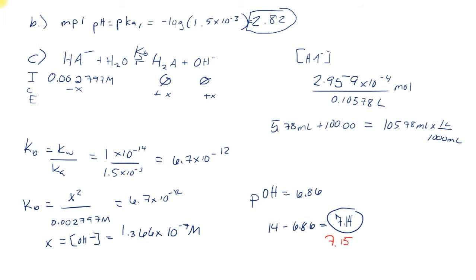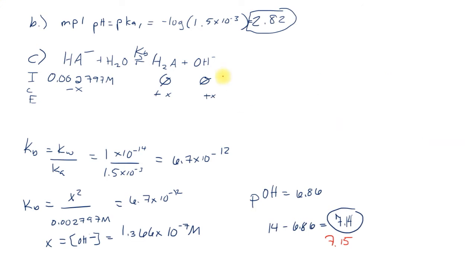We treated it as a base here, and that did not work. So I'm going to presume it might be an acid. I'm going to erase this and make some room for myself. This volume, this molarity calculation is still valid. I'm still going to use it. Okay, that's more comfortable.